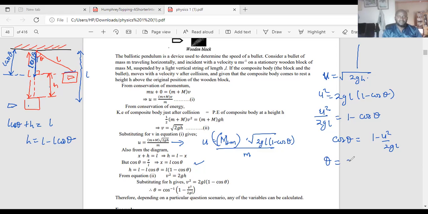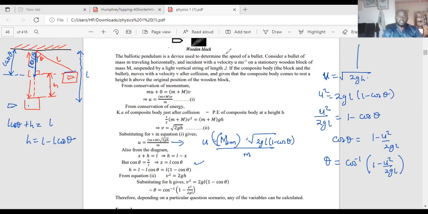So theta becomes arccos of 1 minus U squared over 2gl. So that gives you the angle which the displacement has realized as a result of the bullet striking the wooden block, and then the block is displaced up to that height.